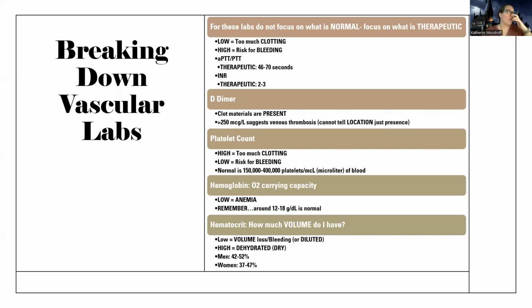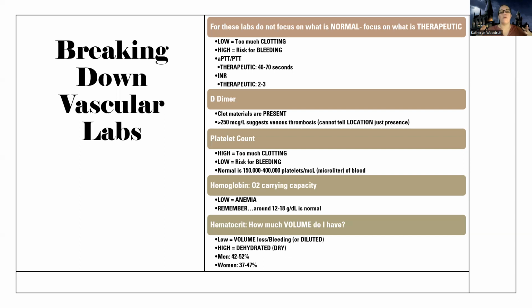So for our textbook, and there is a difference between PTT and APTT, but just know when we're talking about this lab, therapeutic is 46 to 70 seconds. This is measuring the amount of time it takes you to form a clot. So it makes sense that effectively we're measuring time till you form a clot.